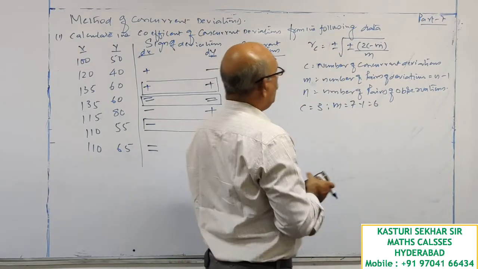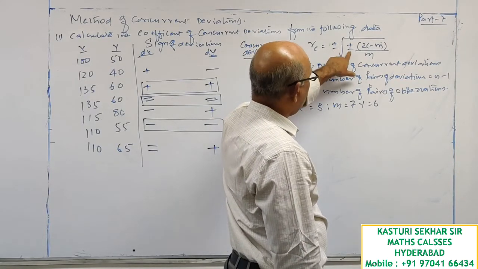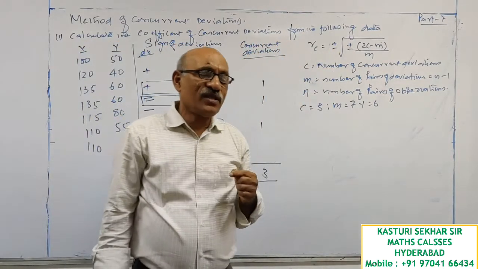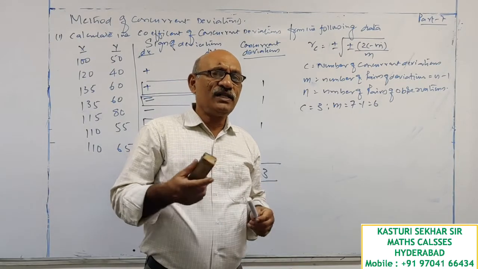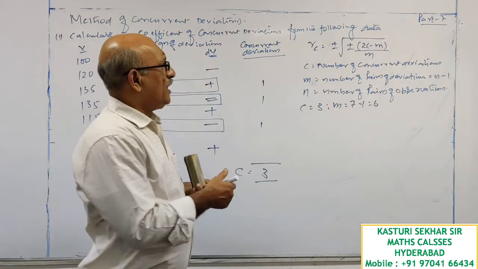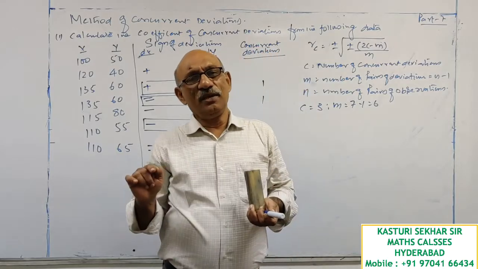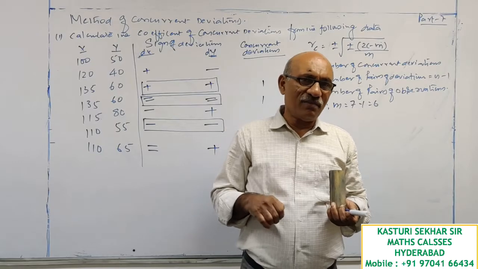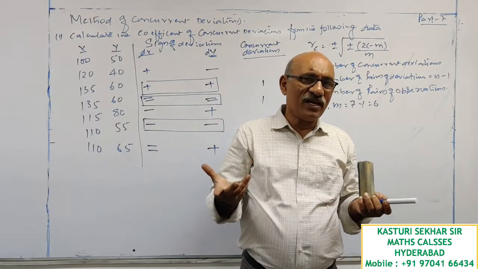You have a plus or minus sign inside the square root and also outside the square root. Let us see the purpose of putting a plus or minus sign inside the square root. If (2C minus M) by M is a negative value and I don't have this plus or minus sign, the square root of a negative number is an imaginary value.